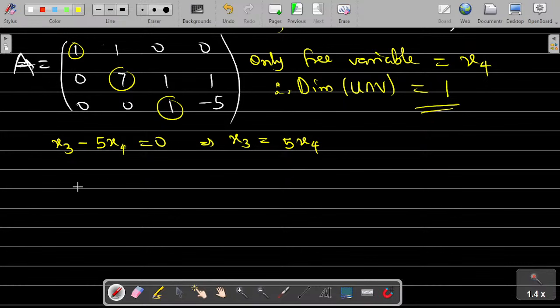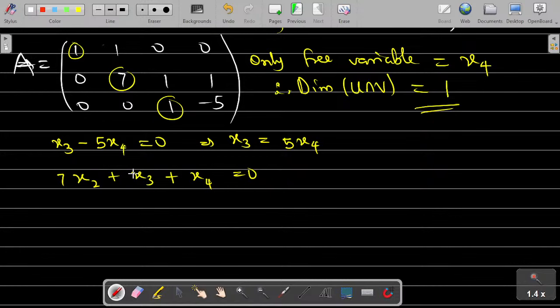Now go to equation 2. You will get 7x2 plus x3 plus x4 is equal to 0.